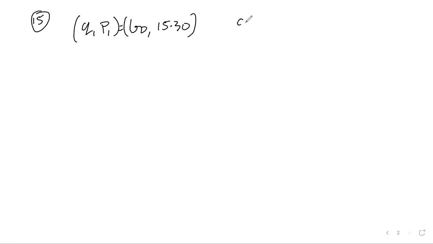So (Q2, P2) will be (35, 19.30). Okay, and we are asked to find the demand equation if the quantity and price are linearly related, or if the demand equation is a linear function. So this is just simple: two points on a line. We want to find the equation of a line given two points on that line.